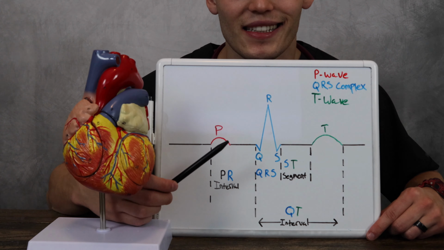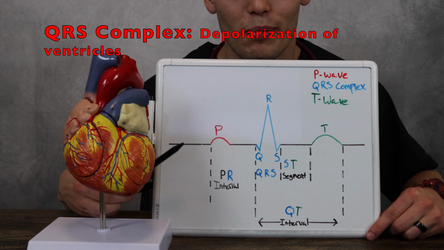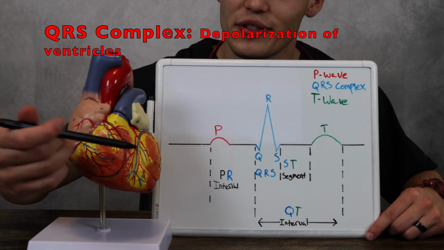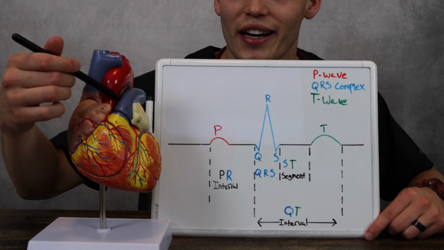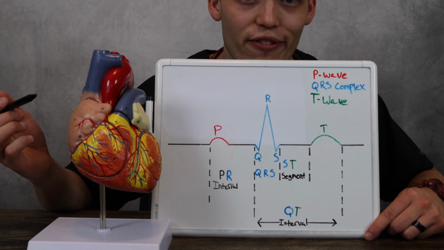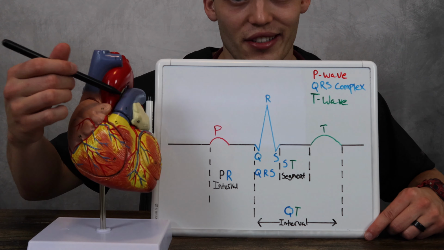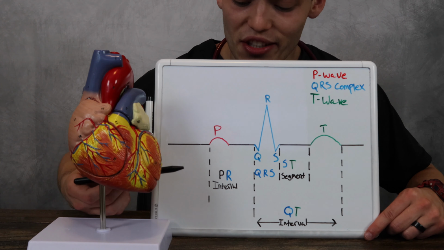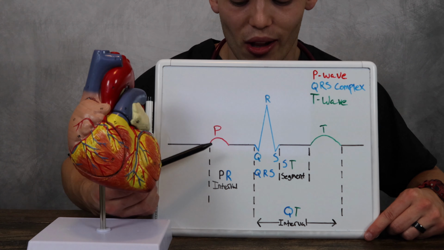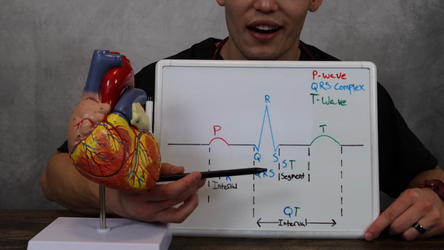And that's because the QRS complex represents the depolarization or contraction of the ventricles. So in comparison with the atria, the ventricles are much bigger because they have to pump blood way further away from the heart than the atria do. That's why on the ECG waveform, the depolarization of the atria is much smaller than the depolarization of the ventricles.